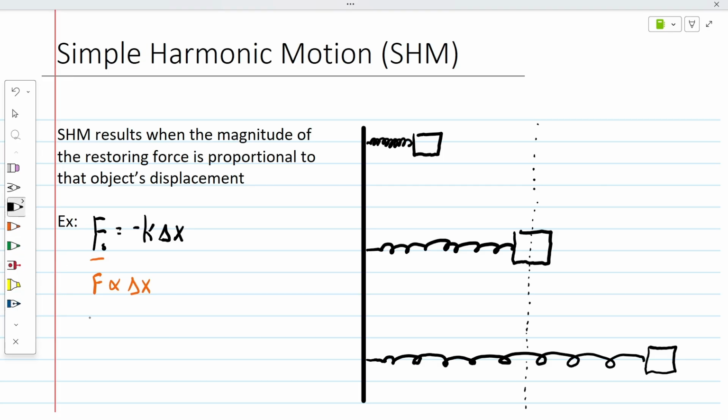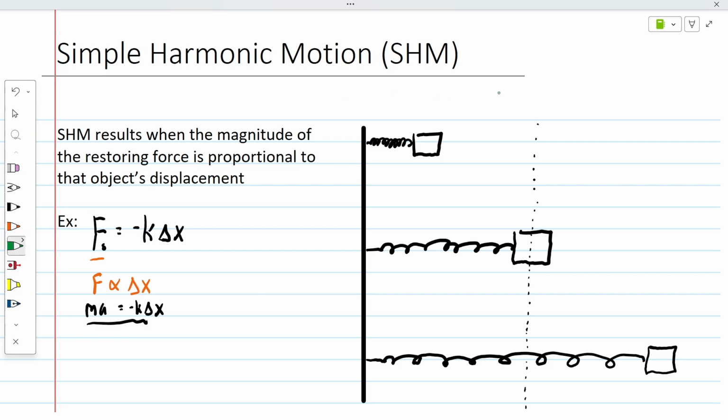And so we can say that the mass times the acceleration is equal to negative kx, or change in x. This would be the acceleration in the x direction, or whatever direction this change is in. We can use this to derive some things, and we'll see how we use that when we start talking about these scenarios.